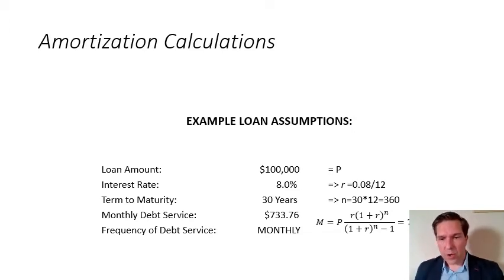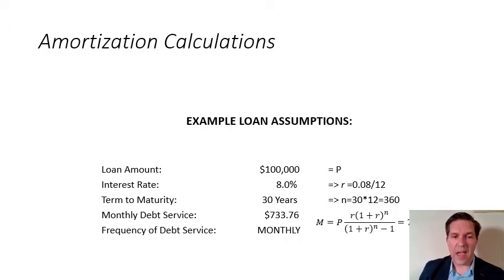Now, I'm going to work out a specific example, just because I think it's easier to understand being concrete. I'm going to assume that you're borrowing $100,000, that your interest rate in a year is going to be 8%, and that this is a mortgage, so you're going to be paying it over 30 years.